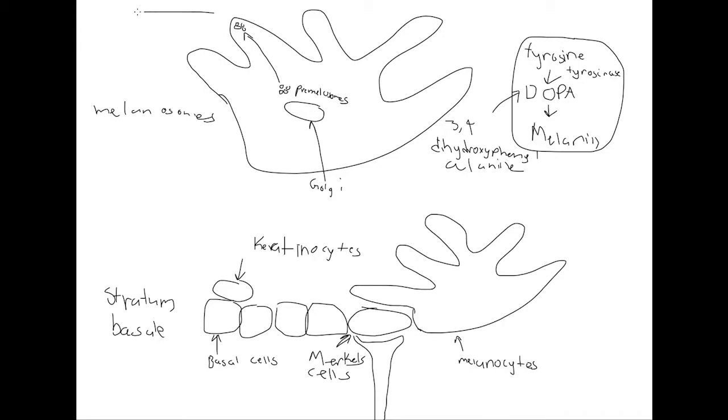So let's draw another cell here. So maybe it's a keratinocyte, like we talked about earlier. Okay, it's a keratinocyte, and it wants to receive some melanin because it needs some shielding from UV rays. So what's going to happen is, actually, I'll just draw this a little bit bigger, just so that they're touching, or they're very close to each other.